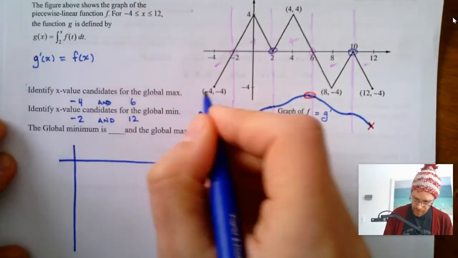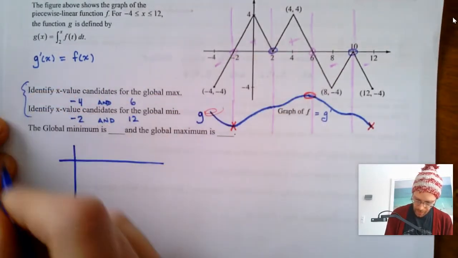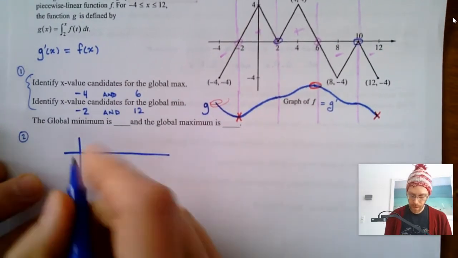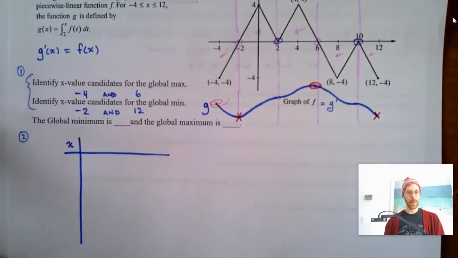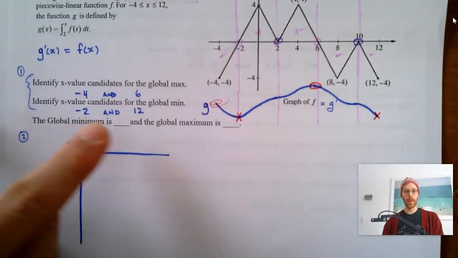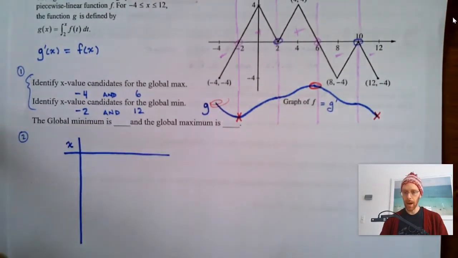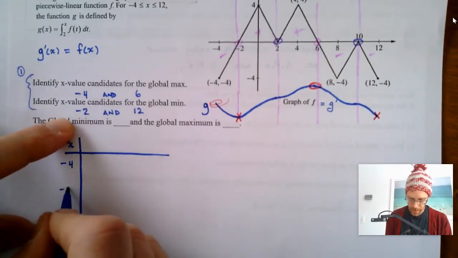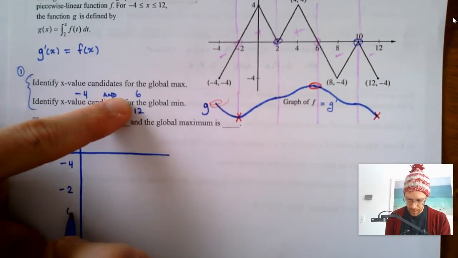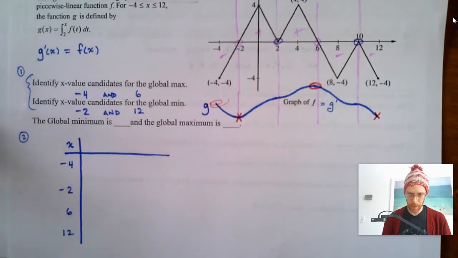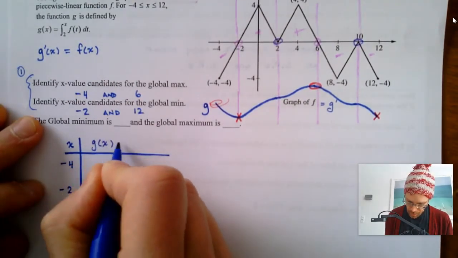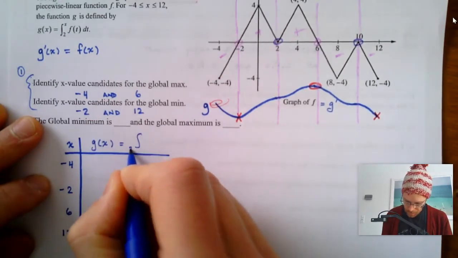So you can think of what we did right here and right here as step 1. Now we're moving to step 2. So our x values that we're interested in to find the global min and the global max are going to be at -4, -2, 6, and 12. We're going to be plugging those in to this function.